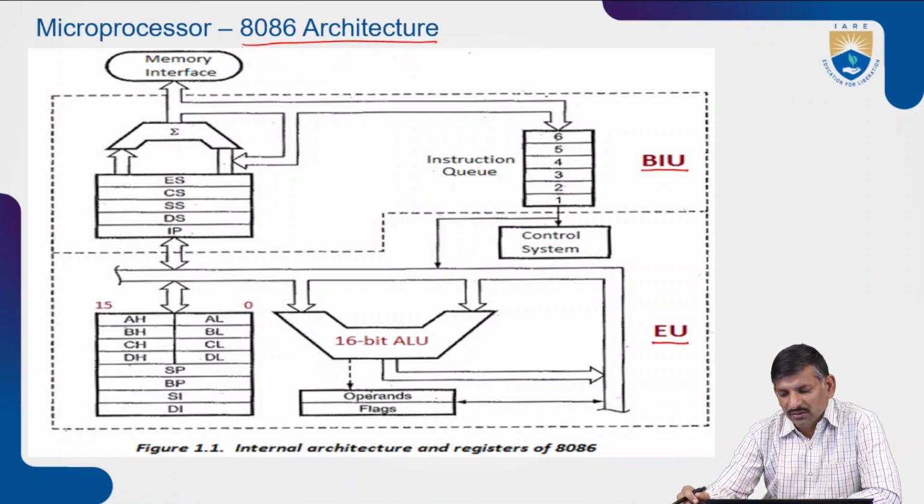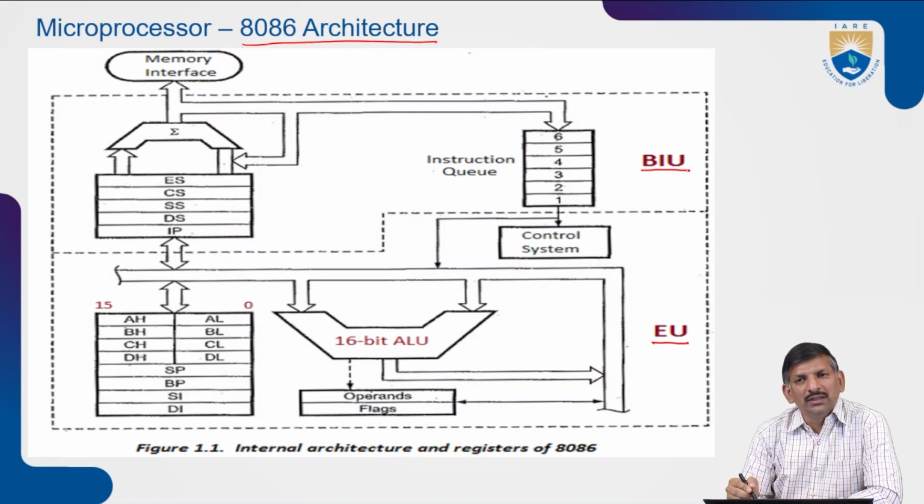The bus interface unit is defined for fetching the instructions from the memory devices or input devices. The execution unit is designed for executing the instructions. You will check it on how it is doing.